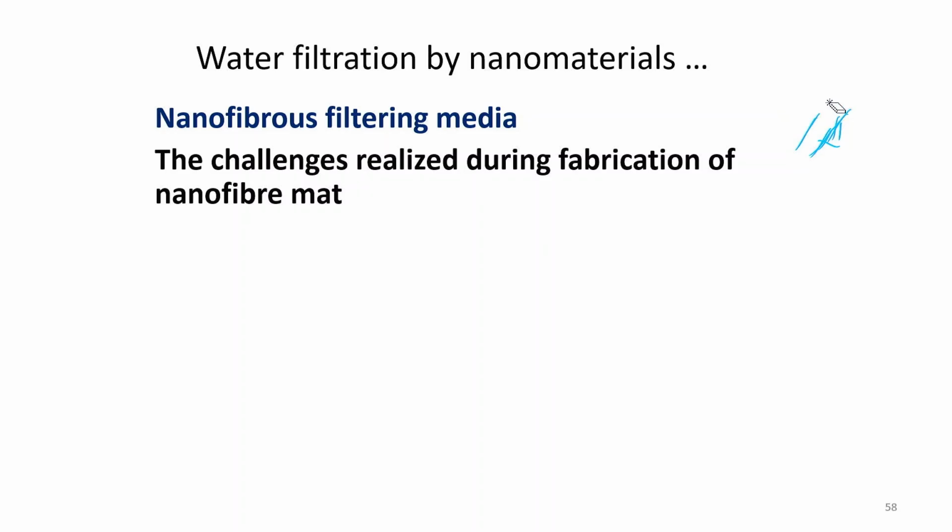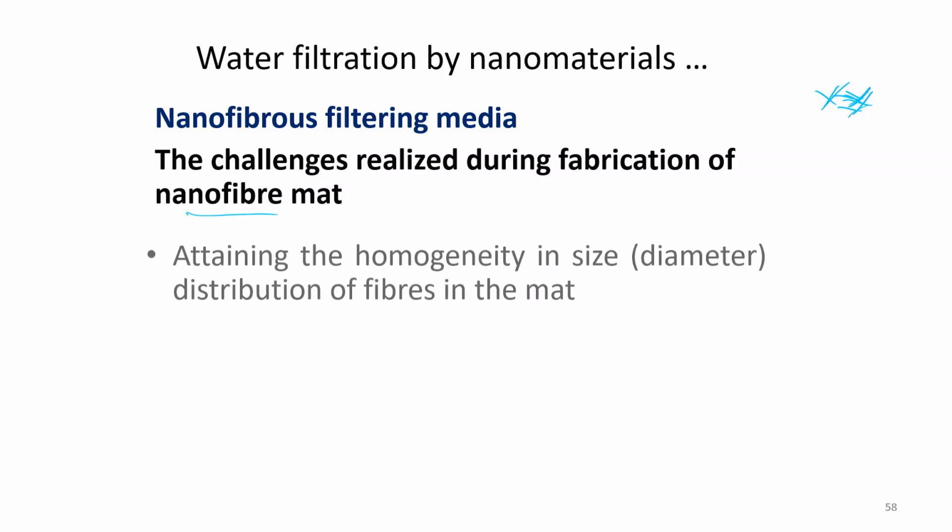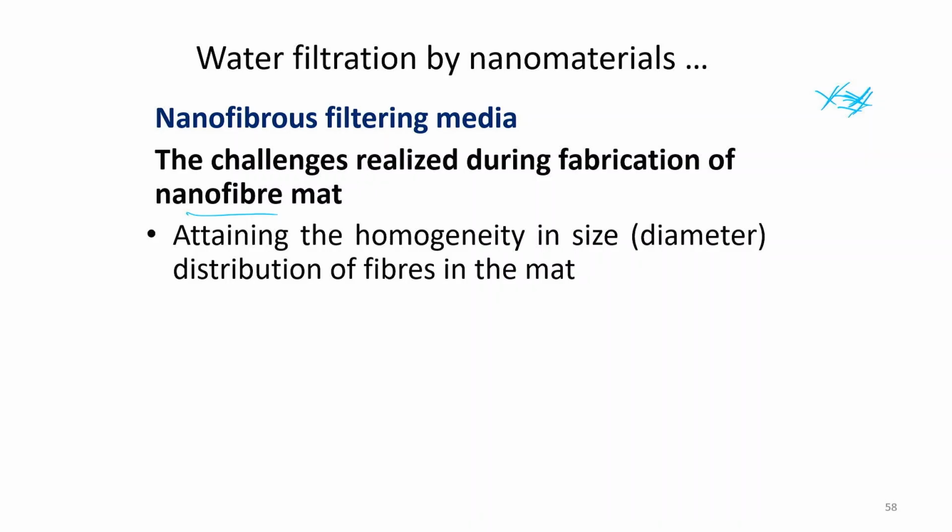The main challenge was to fabricate the nanofiber mat. We want to produce a porous nanofiber mat. Another thing in nanofiber manufacturing is the homogeneity in the diameter and its distribution.